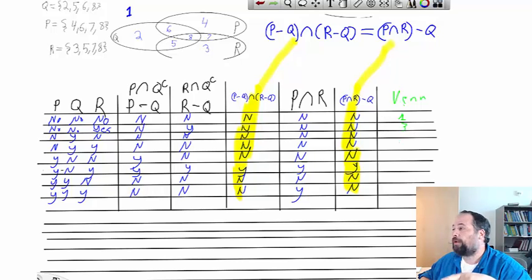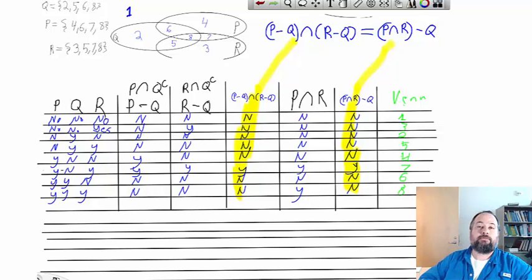If it is in Q but not in P or R, that's 2. If it is in both Q and R, that is 5. I'm just going to fill the rest in. So all possibilities are enumerated by this table. And that proves that P minus Q intersection R minus Q is the same as P intersection R minus Q.